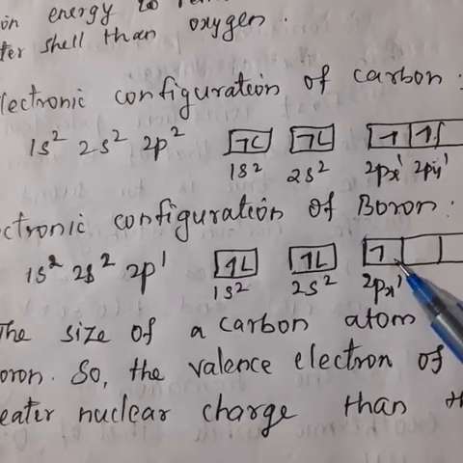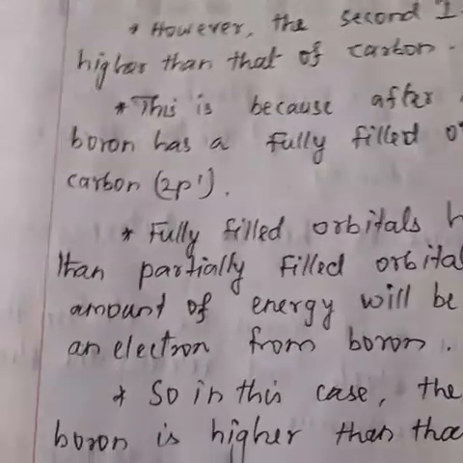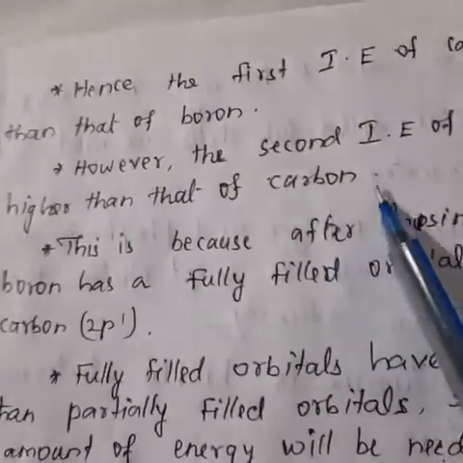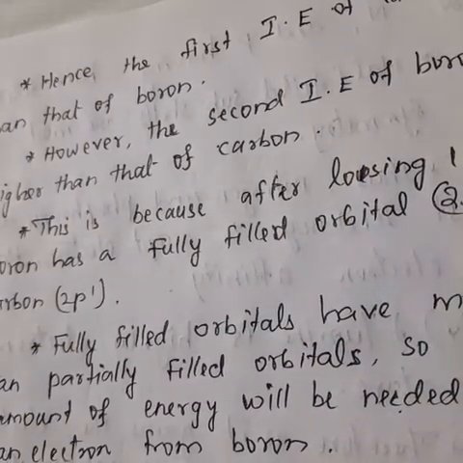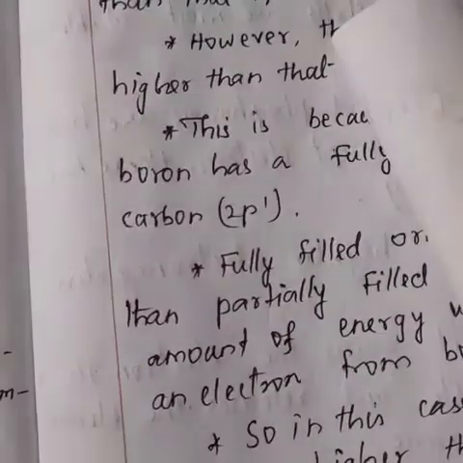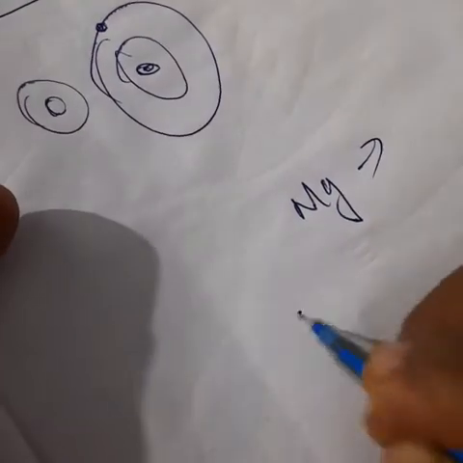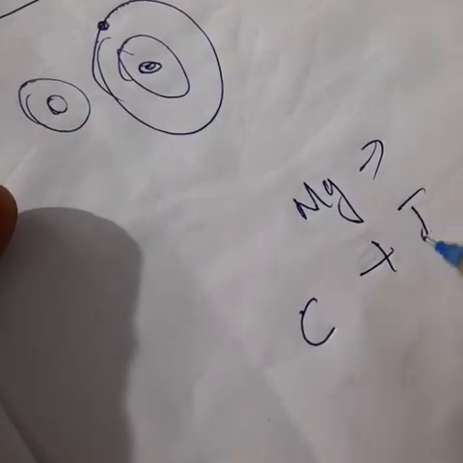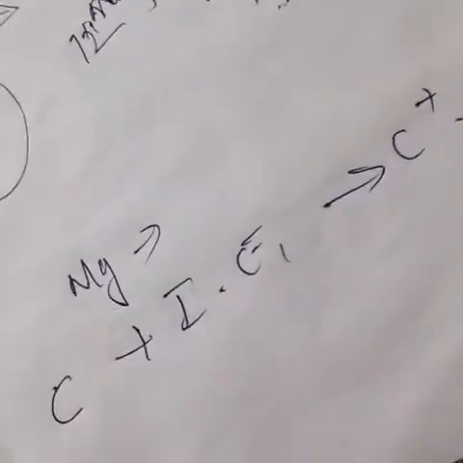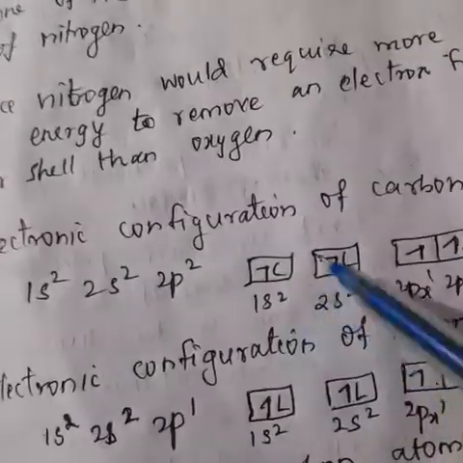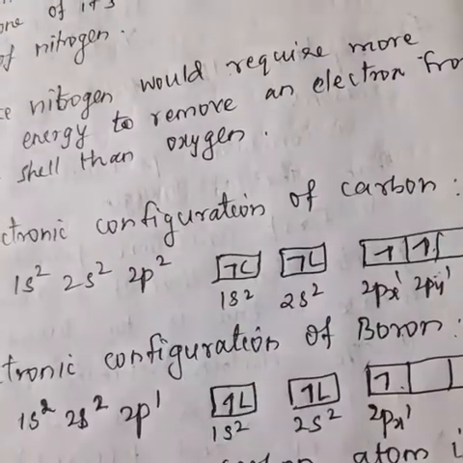However, the second ionization energy of boron is higher than that of carbon. Here the second ionization energy means, when carbon loses one electron, we get carbon plus. Here the outermost electron, 1s2 2s2 2p1, one electron gets lost.